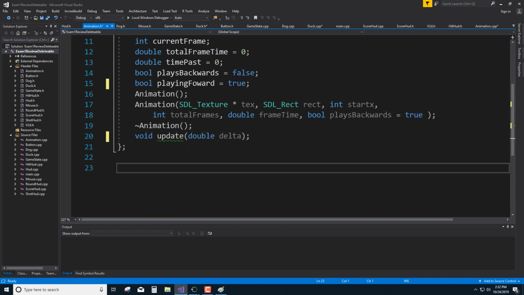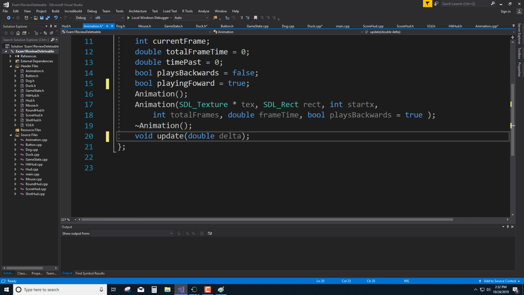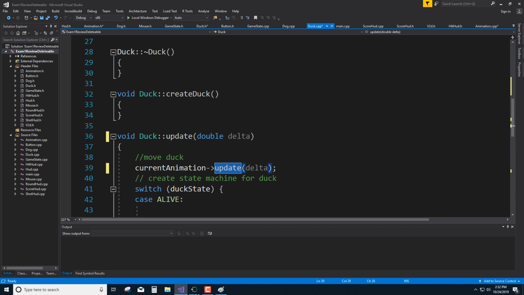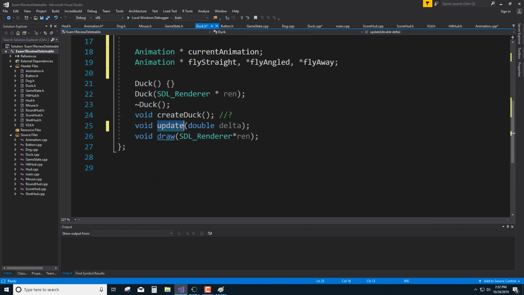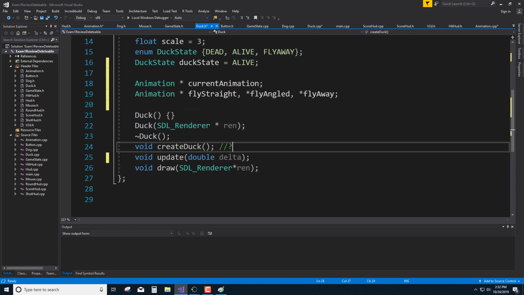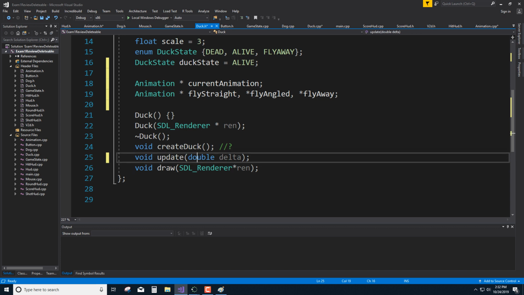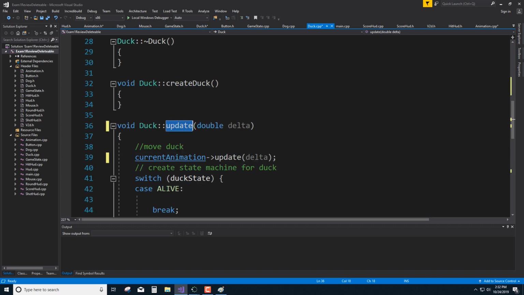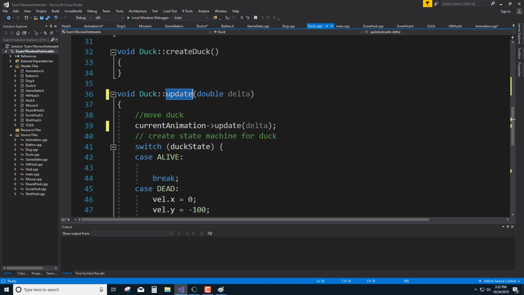All right, I hopped around a little bit fast there. Yeah, can you repeat it? Anywhere that we're updating, let's just start in duck CPP or duck.h. In duck.h, when we call update, we're going to pass it delta. So write double delta there. Then you head over to your source file. You can hold control and click on one of the functions and it will take you right there.